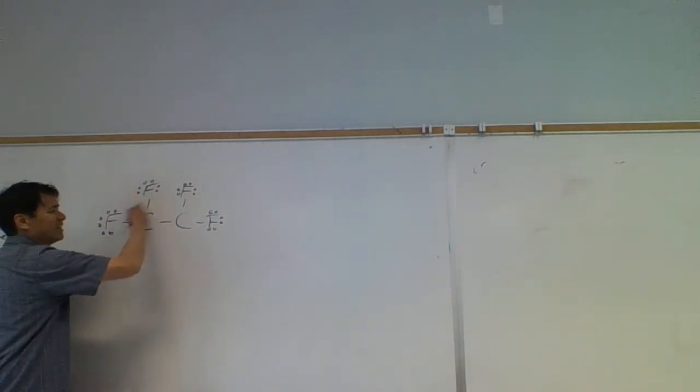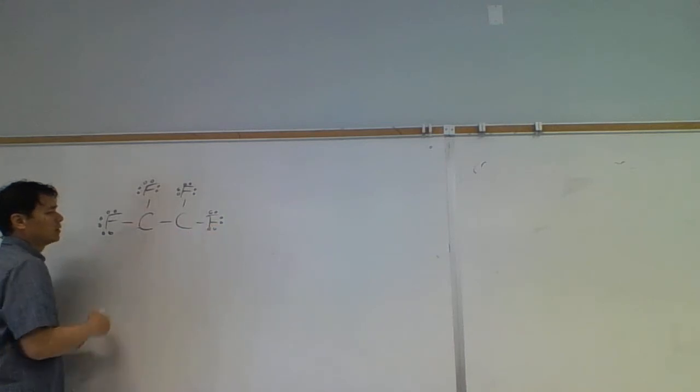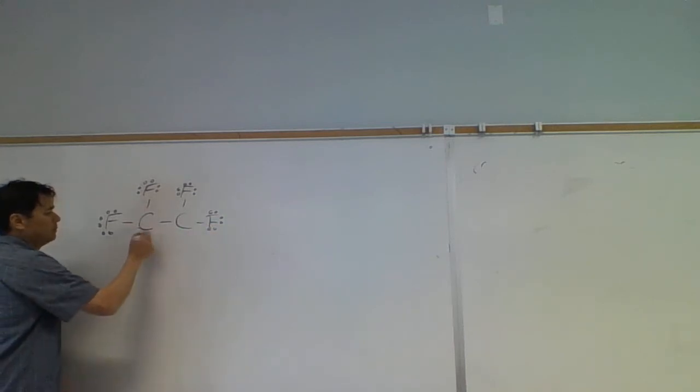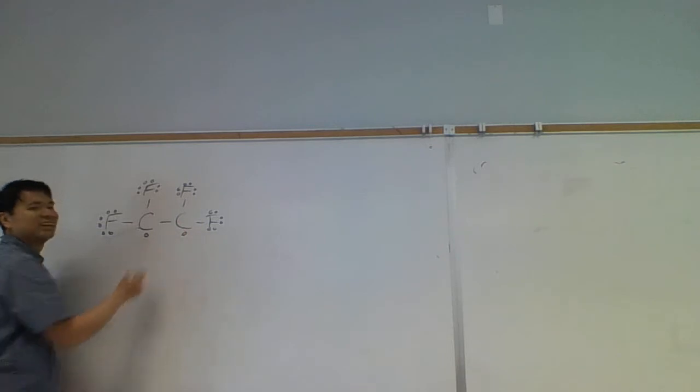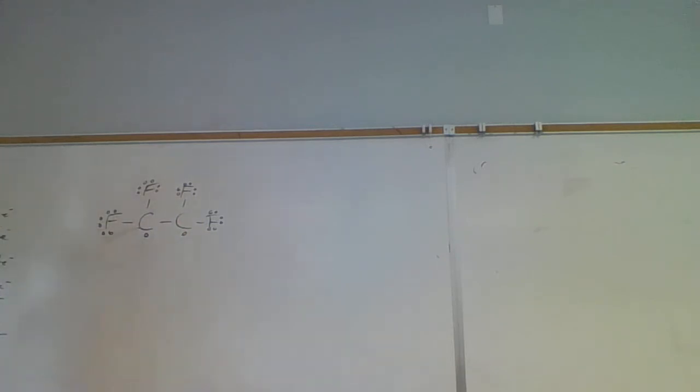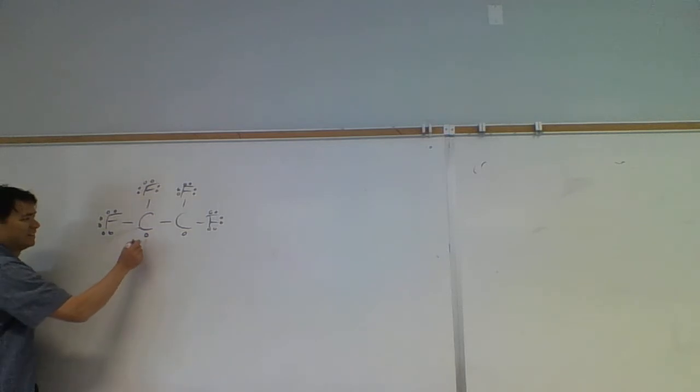We can't put these on the fluorines. These already got an octet, but carbon doesn't. And so if we have 2 more electrons, we'll put 1 here and 1 here, something like that. Be fair to each carbon. But we still have a problem now. What's the problem? Octet around carbon. But this is an easy fix. How can we fix it?